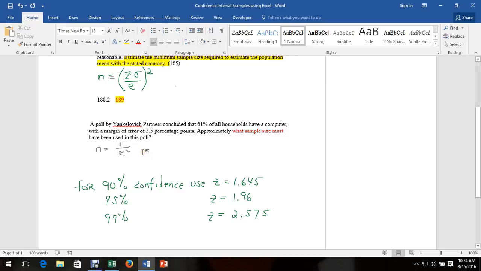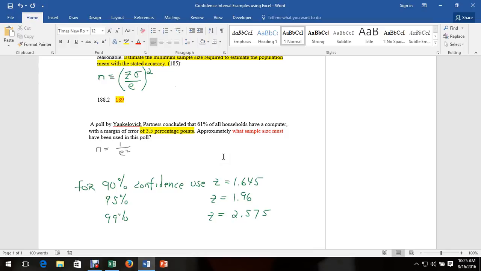So e is the amount of error, which is 0.035. Be careful because this says 3.5 percentage points. So 3.5 is 0.035. So if you take 0.035 and you square it, multiply it by itself, and then divide that into 1, 0.01225, you will get the approximate number.